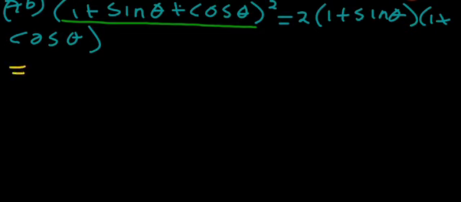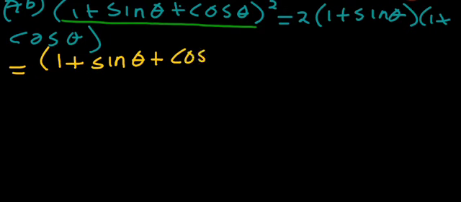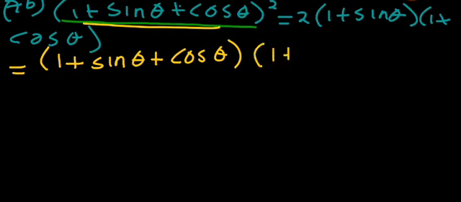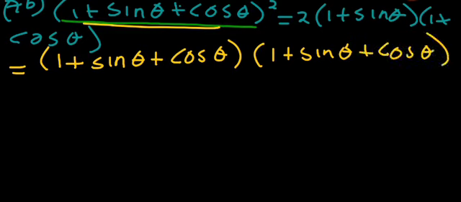So what we are going to do, we are going to expand 1 plus sine theta plus cos theta. This one can be written as 1 plus sine theta plus cos theta times 1 plus sine theta plus cos theta, because it is squared there.